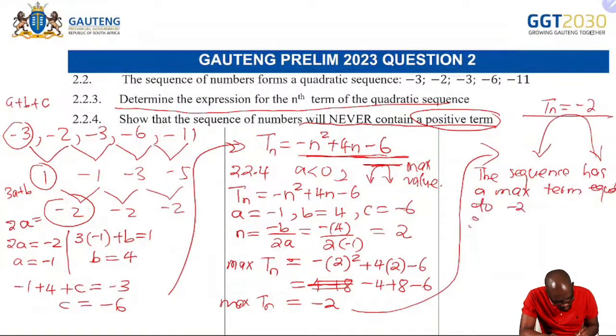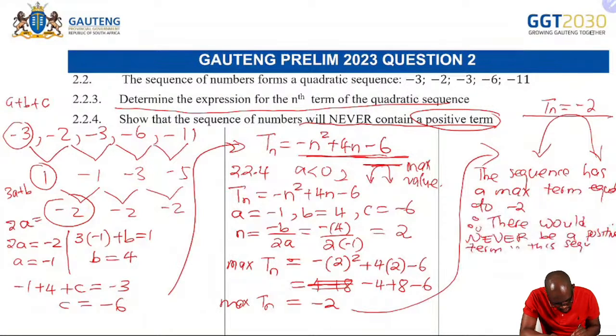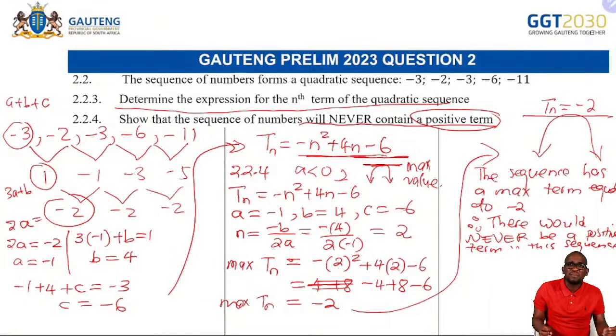Therefore, there would never be a positive term in this sequence, because the biggest term is -2. So that's how you were actually supposed to approach this question. Remember, you can use your calculus, you can also use your completion of the square.